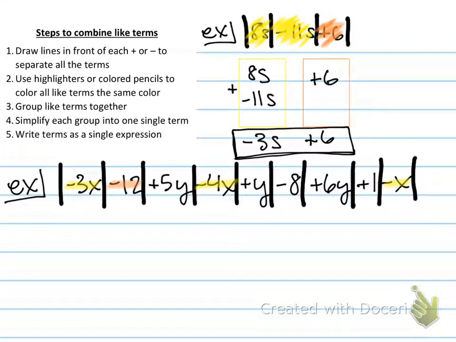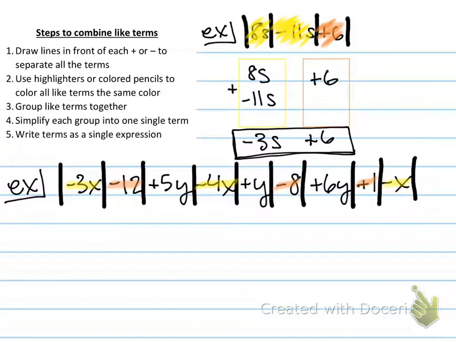This is a regular number with no variable, so I'm going to go through and I'm going to look for terms that don't have variables. So 5y has a variable. Y is a variable, but minus 8 doesn't have any variables, so I'm going to highlight that orange. And then plus 1, that doesn't have a variable either, so that gets to be orange.